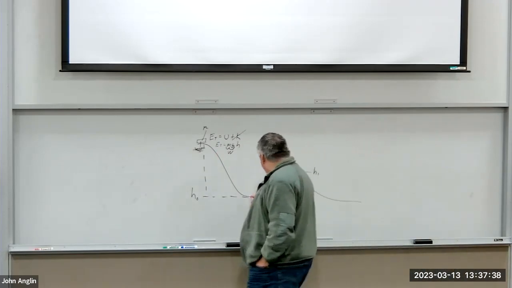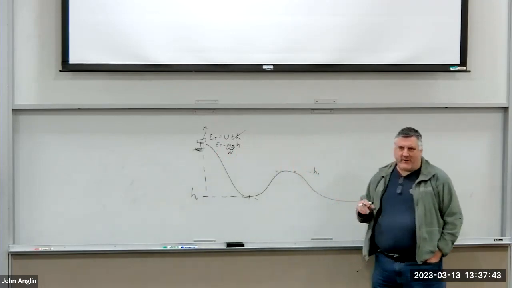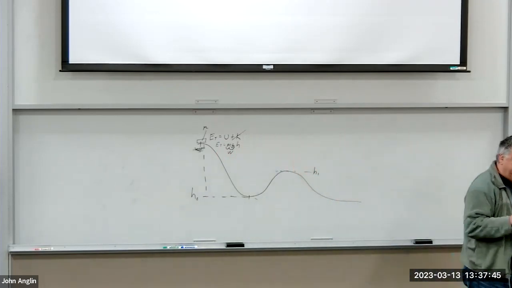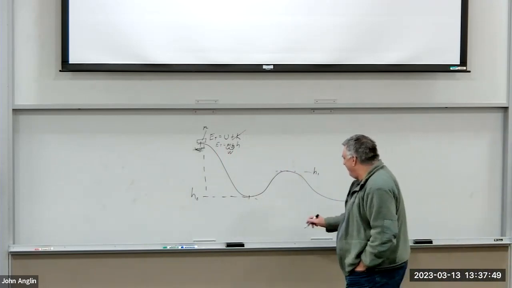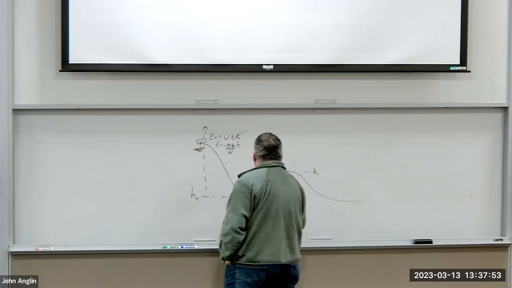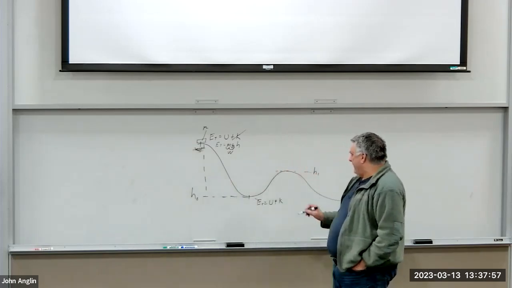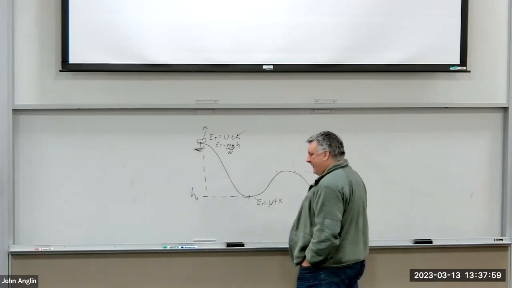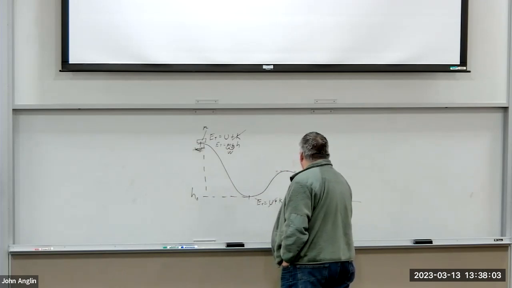What about the bottom of the hill? We might want to know how fast the car is going at the bottom of the hill. Well, at the bottom of the hill, since E total is U plus K, and h goes to 0, U goes to 0, and K is just 1/2 mv squared.